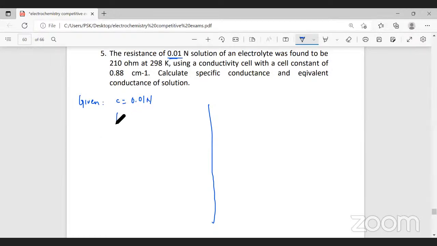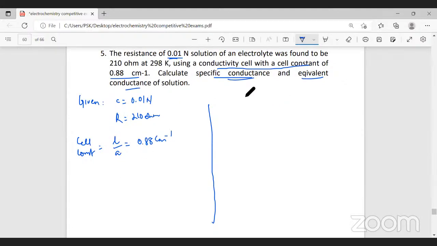Also, they have given the cell constant, which is length by area, 0.88 centimeter inverse. They're asking you to calculate specific conductance and equivalent conductance.